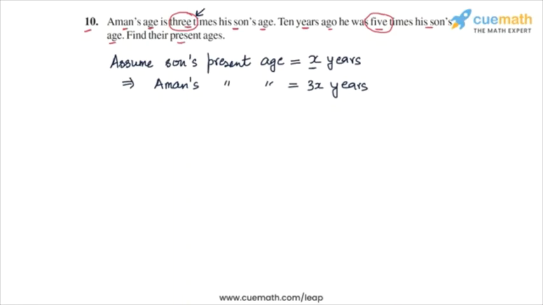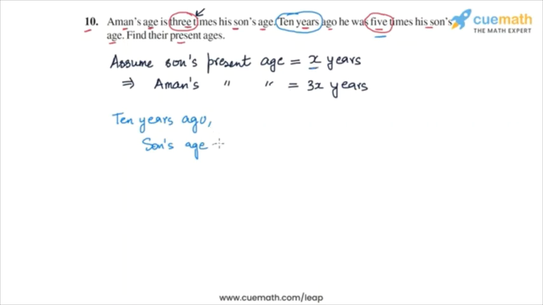Alright, now we are told that 10 years ago or 10 years earlier, Aman's age was 5 times his son's age. So now what we need to do is we need to write their ages 10 years ago. So let's do that. 10 years ago, what will be the son's age? Well, today the son's age is x years in the present.